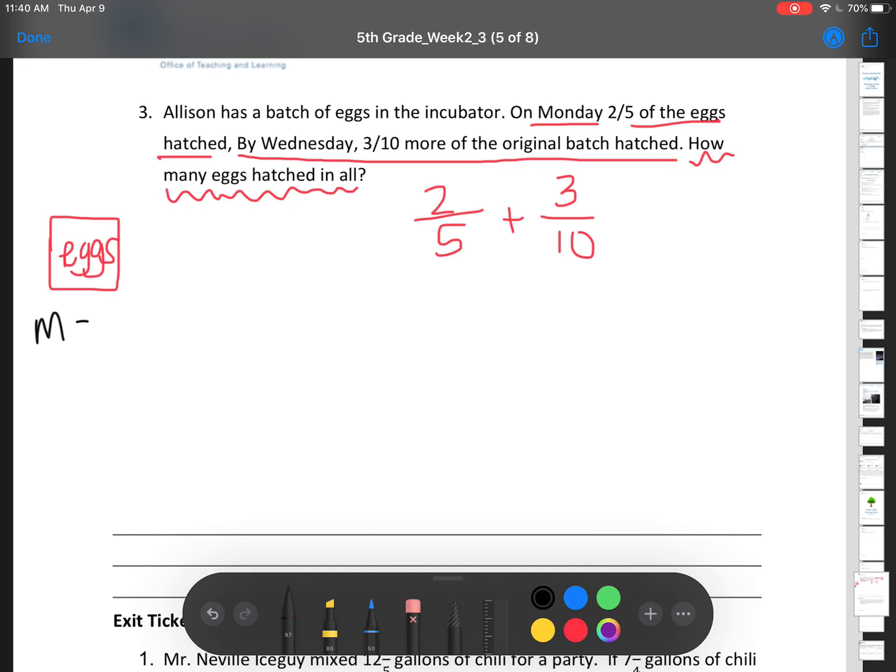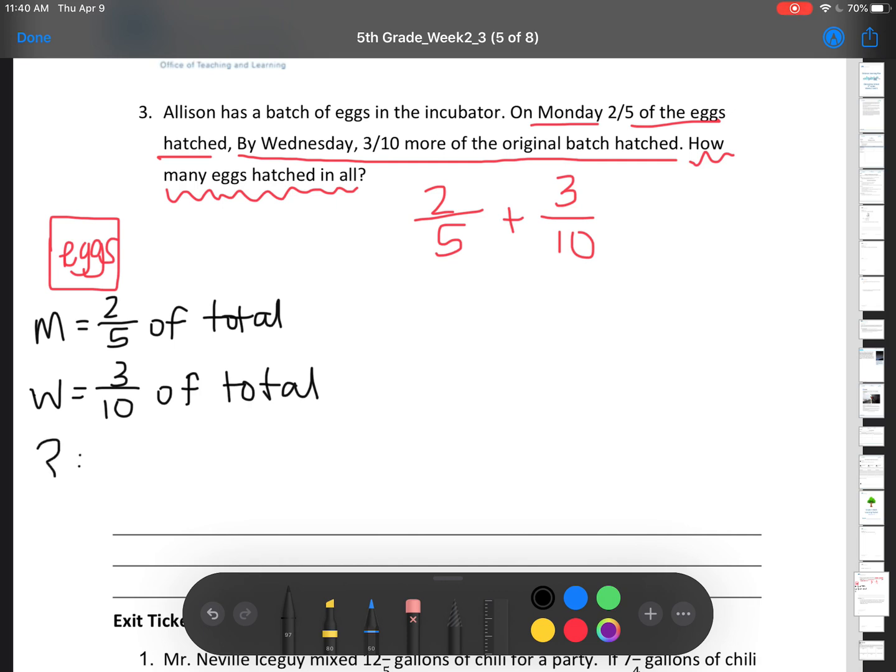I know that on Monday, 2/5 of the total hatched. Okay. By Wednesday, 3/10 more of the original total hatched, not of what's left. Okay. How many eggs hatched in all?